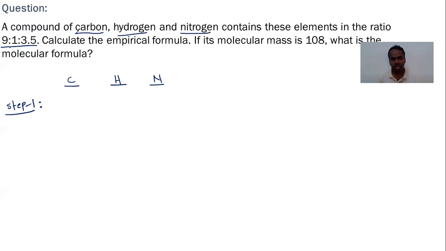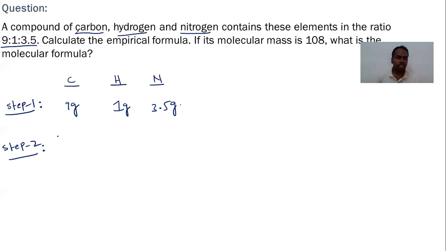You can convert this ratio directly to weight by multiplying with some constant, and I take the constant as 1. So 9 grams of carbon, 1 gram of hydrogen, and 3.5 grams of nitrogen, in the sequence carbon, hydrogen, nitrogen. The method is the same, but the questions asked are different, so this is very important for objective exams.